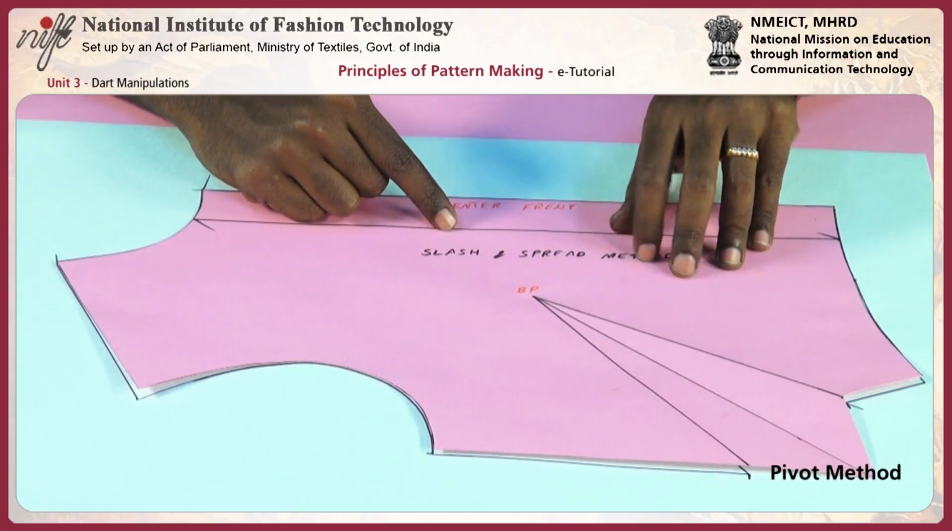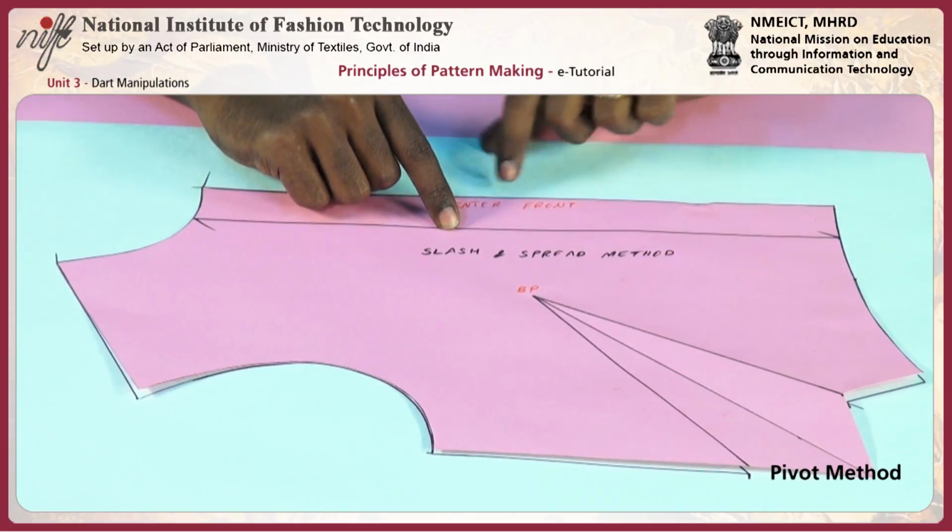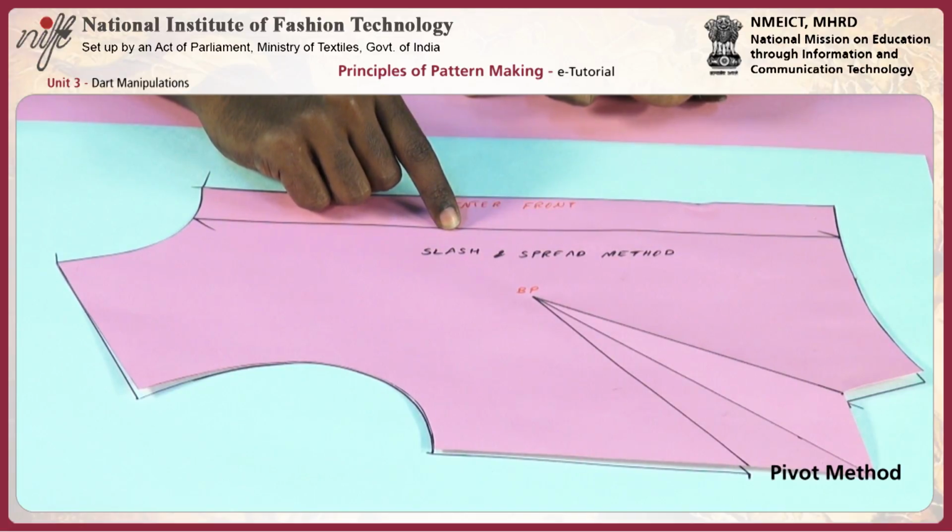Both slash and spread and pivotal transfer methods will give the same result, only the methodology is different. For beginners, I suggest you use the slash and spread method, which is straightforward. Once you gain experience, you can use the pivotal method, which is faster and a time-saving process.